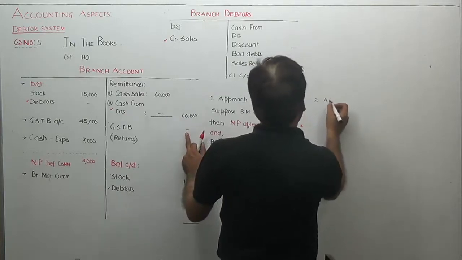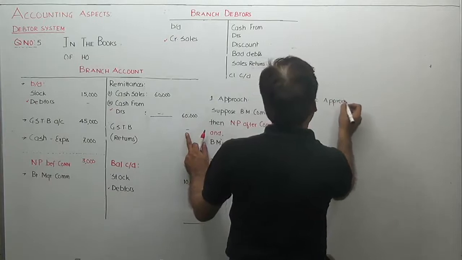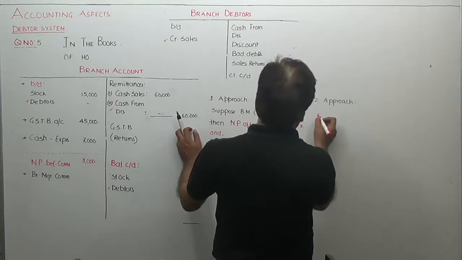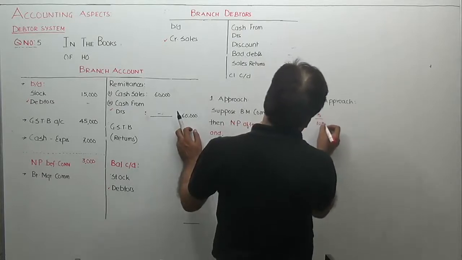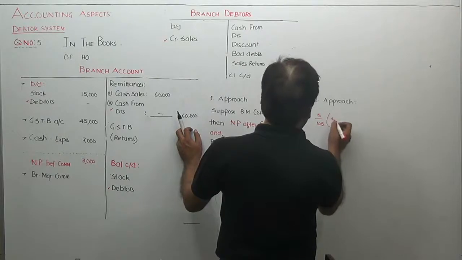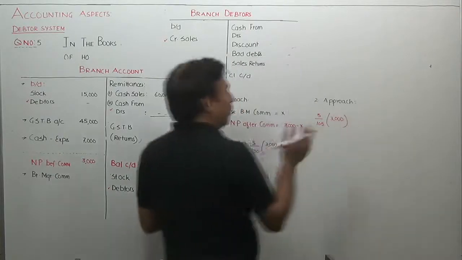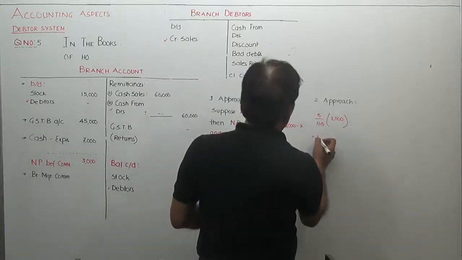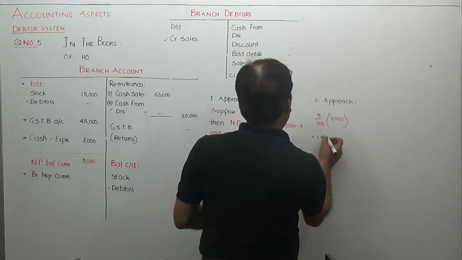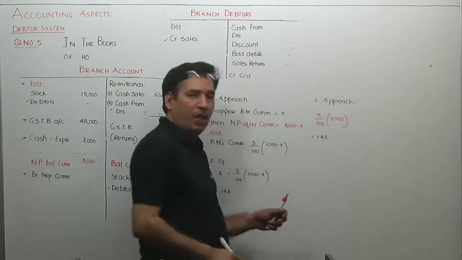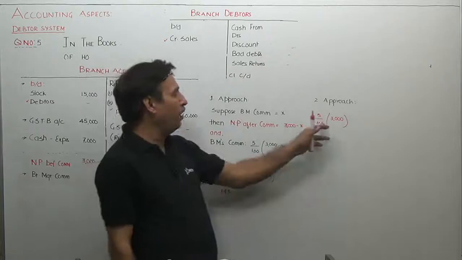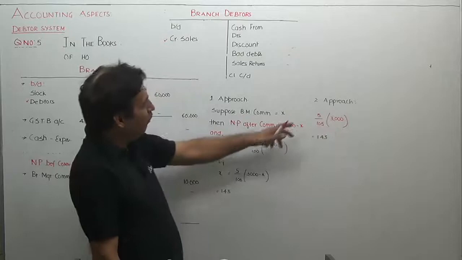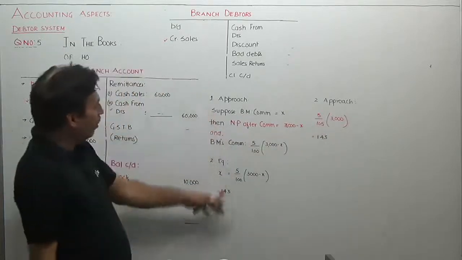Under the second approach, I can simply write 5 by 105 into 3,000. So obviously you are going to love this one because it will save many steps. But just to elaborate the point, because some students unnecessarily get confused about why we have written 105 below: we reach this step when we solve the equation.